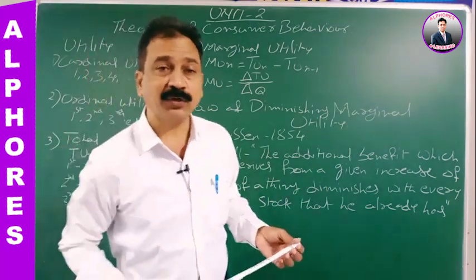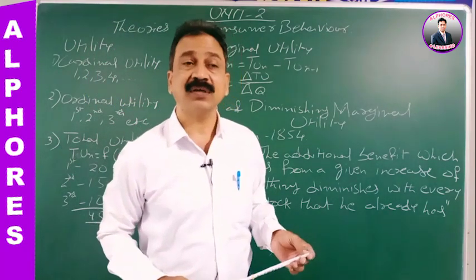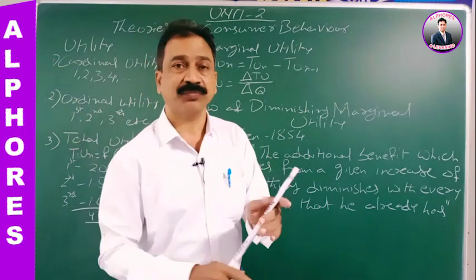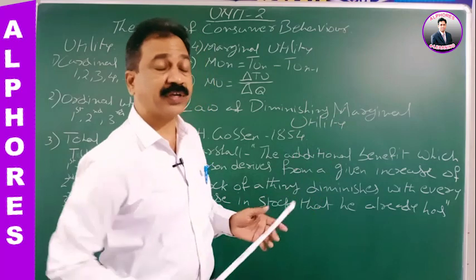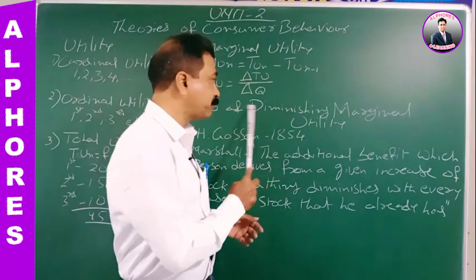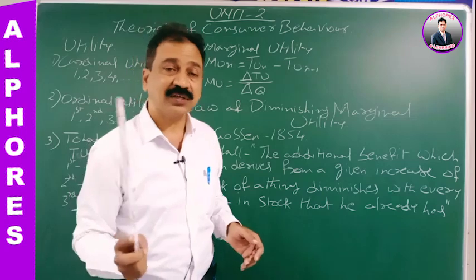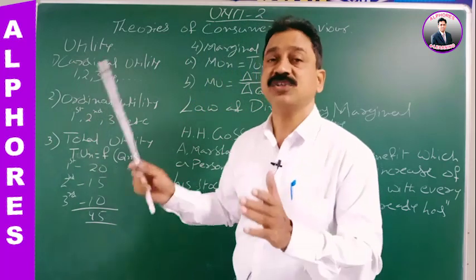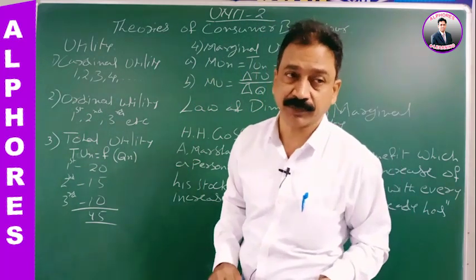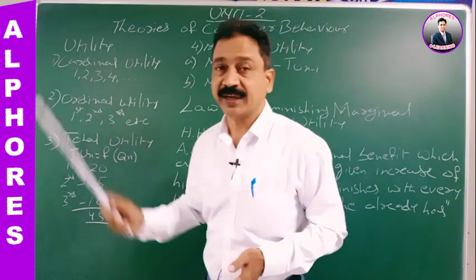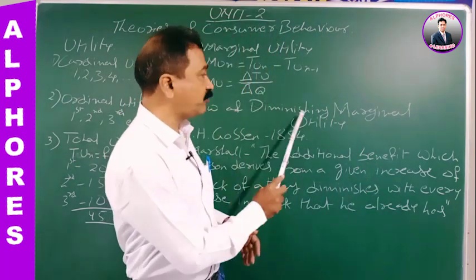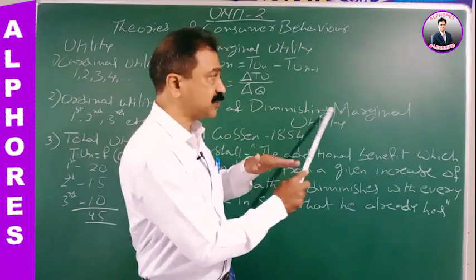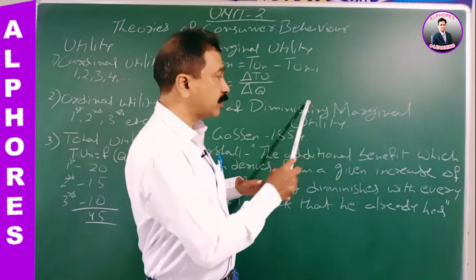But before I enter into this law, I want to discuss the different concepts or topics which are going to help us understand this law of diminishing marginal utility. I told you, the law of diminishing marginal utility: diminishes means decreases, marginal means additional, and utility.